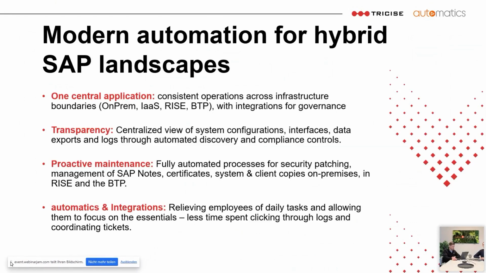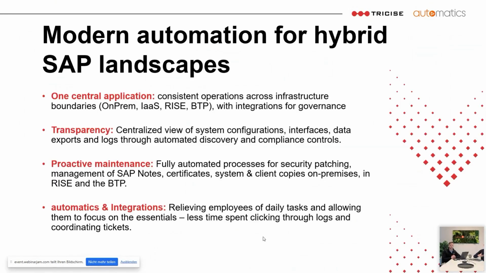The most important point is to combine landscape operation models with each other, to combine different business processes with each other, and to get, as a first step, transparency into your system landscape. So we deliver centralized views of your system configurations, interfaces, data exports, logs, and so on.